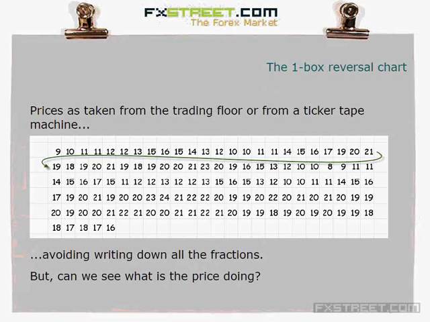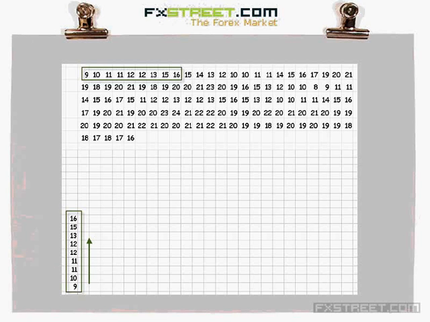We can see maybe that it started at 9 and closed at 16 if we take this sample as a period of time, but we can't really extract other meaningful data from such a sequence, right? So the initial solution was to write down the numbers in columns, in columns as price moves upward and downward.